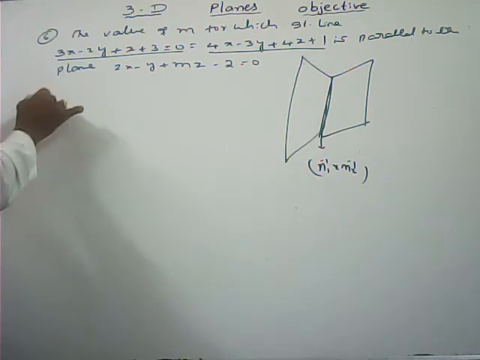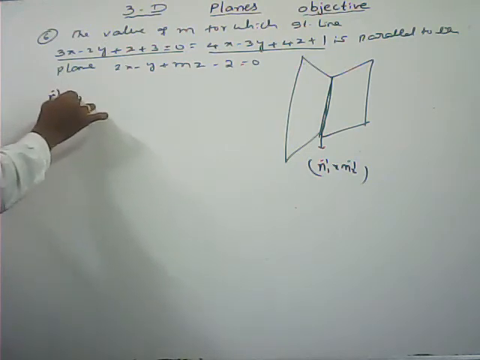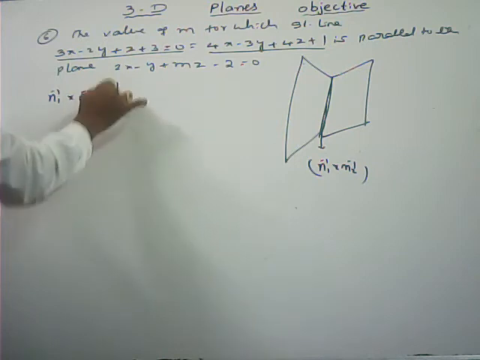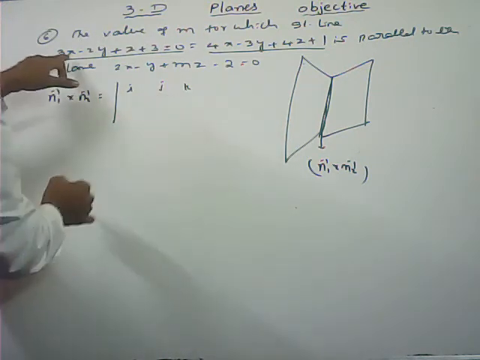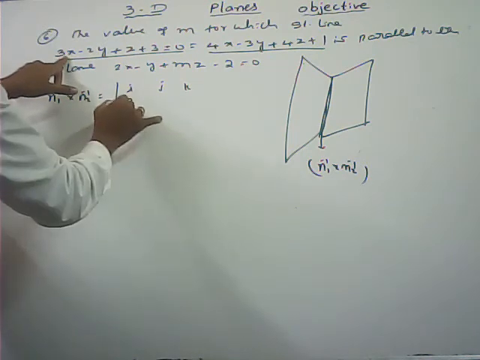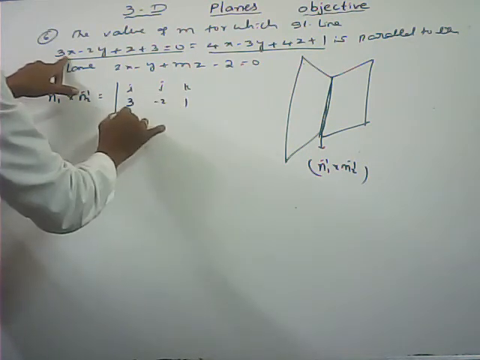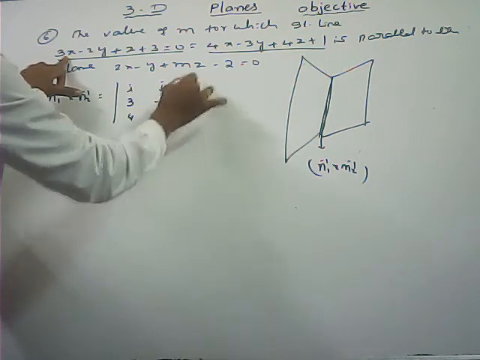Here, finding n1 bar cross n2 bar. Determinant of i, j, k. What are the normal d.r.s of the first plane? 3, minus 2, 1 and 4, minus 3, 4.